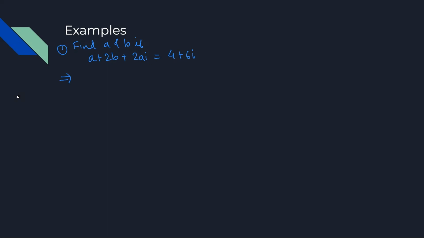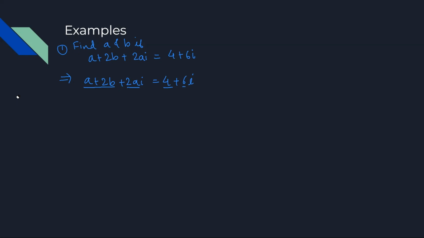So we have a plus 2b plus 2ai equal to 4 plus 6i. Obviously this is the real part of this complex number, and this is the imaginary part, because it has an iota. And here 4 is the real part of this complex number and 6 is the imaginary part.